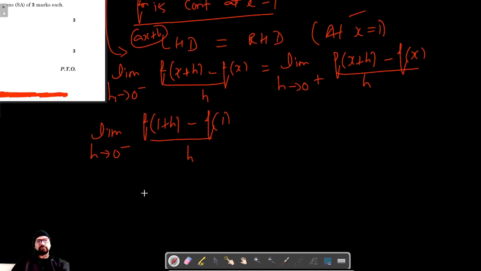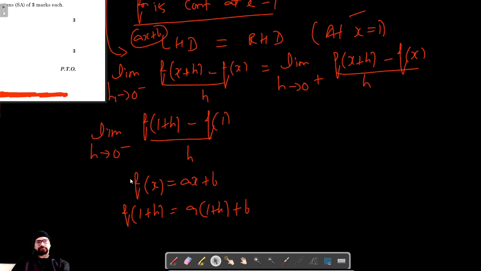For the left hand derivative the function is ax plus b, and f of 1 plus h will be equal to a into 1 plus h plus b. So let's replace the values here.